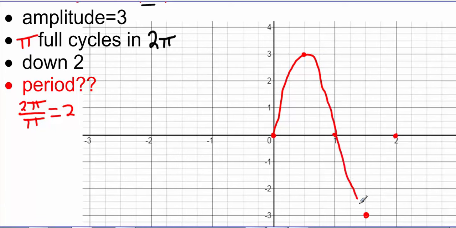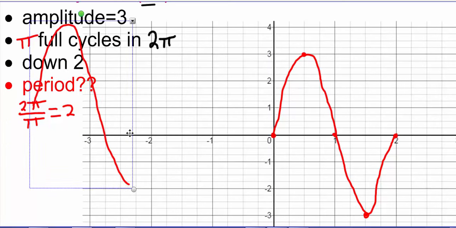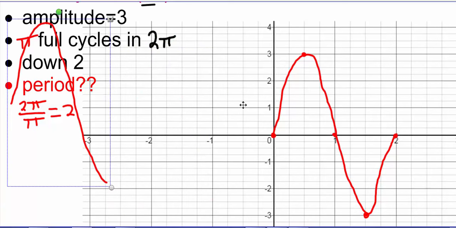kind of like this. Can we get there? Not too bad. Of course, that's going to be extended to the other side.